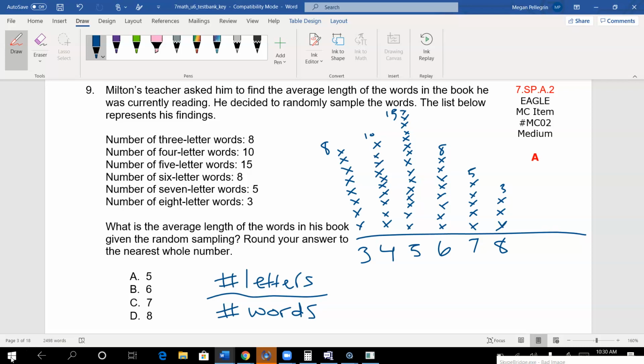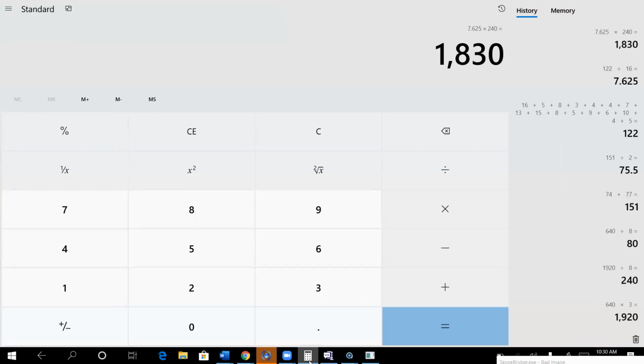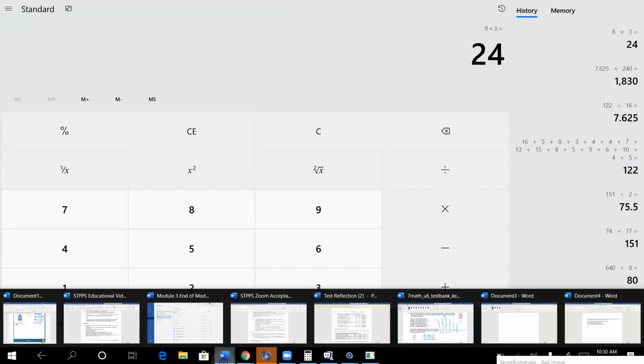In order to find the number of letters used, this is the first one. It's 3 letters, and there are 8 of them. So 3 plus 3 plus 3 plus 3 plus 3, or the simpler way would be to multiply 8 times 3. So 8 times 3 gives me 24.